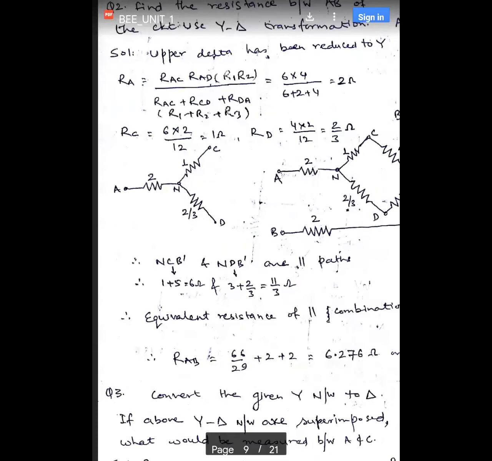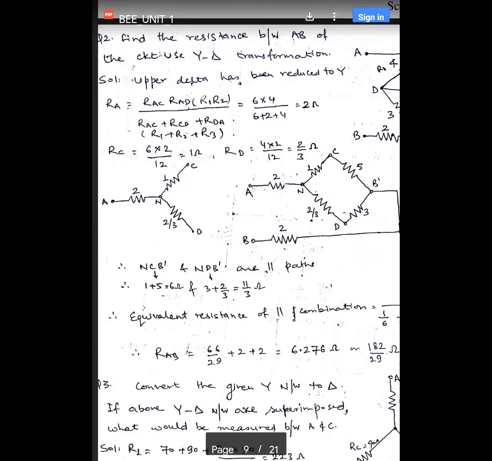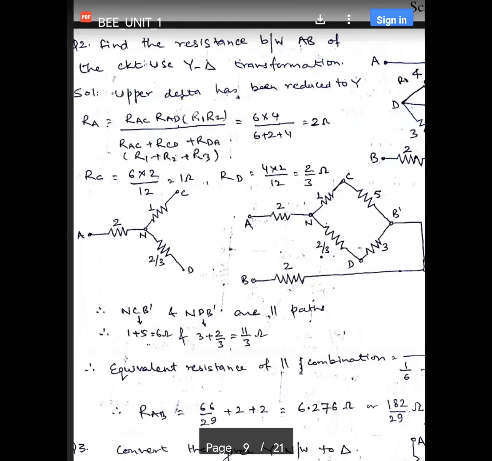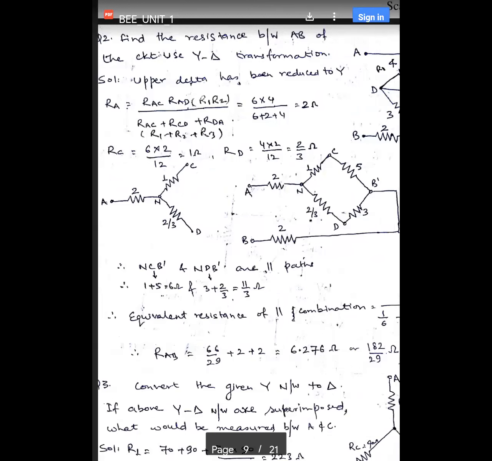So now what we are going to do, we will place the resistances of this star ACD as it is in the circuit.